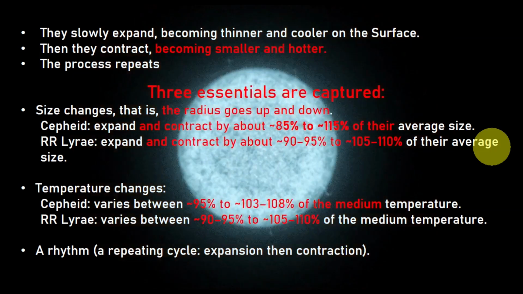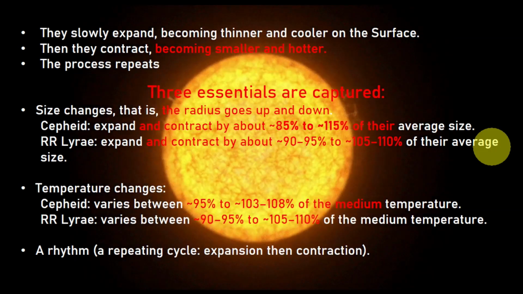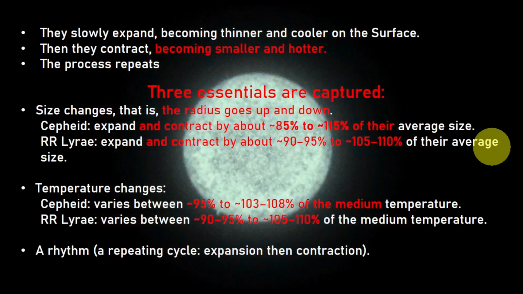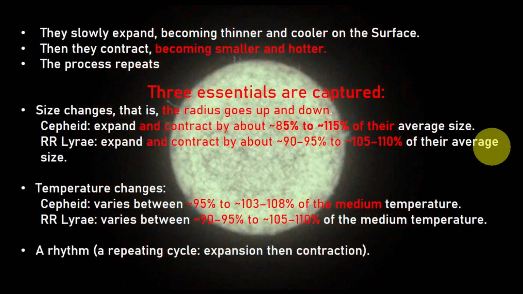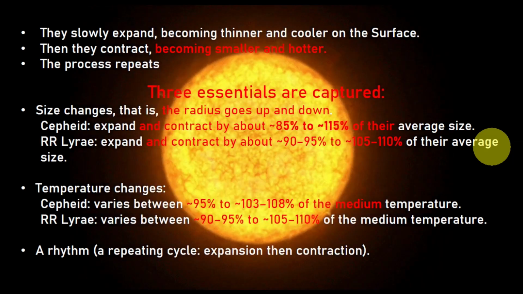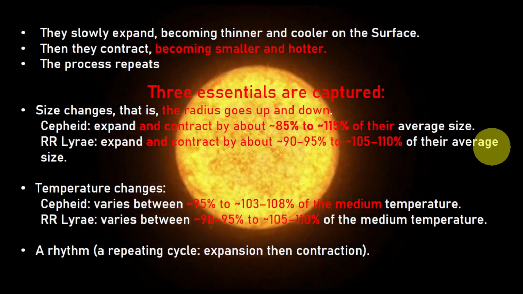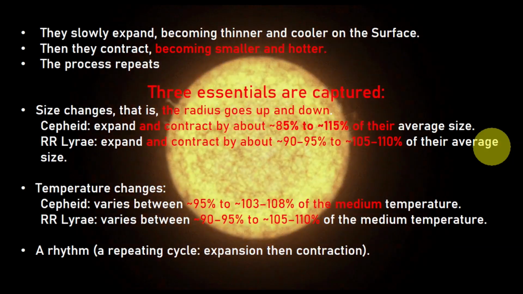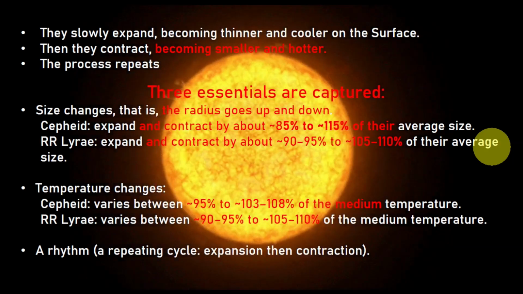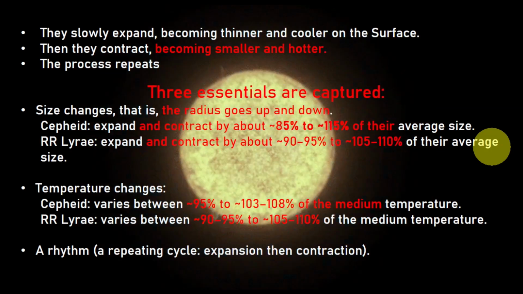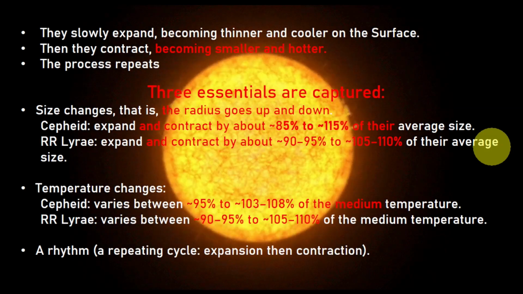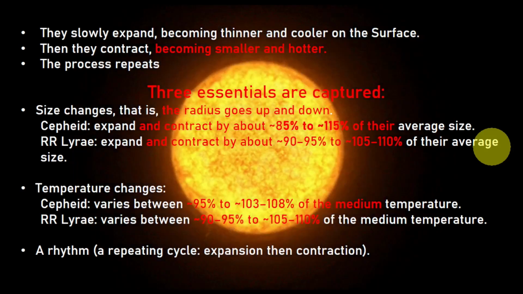You can take three essentials from what is going on. First, in terms of size changes, there is a physical change in the size of the star. That means there is a reduction and an increment in the radius. So the radius goes up and down. Let's take for instance the Cepheids.